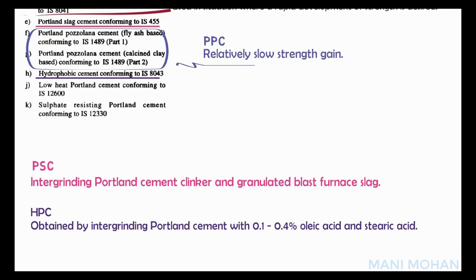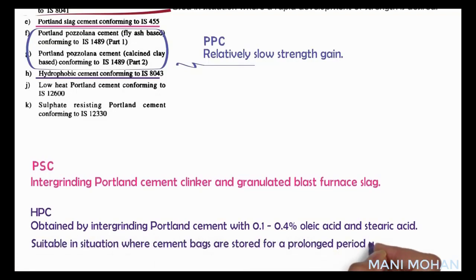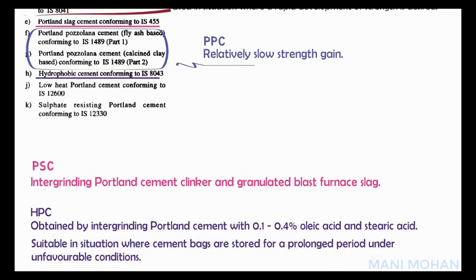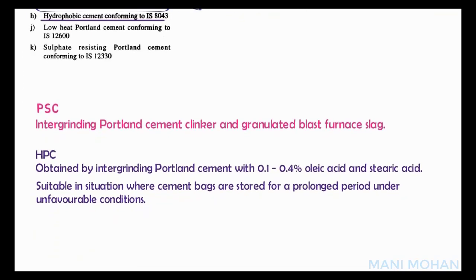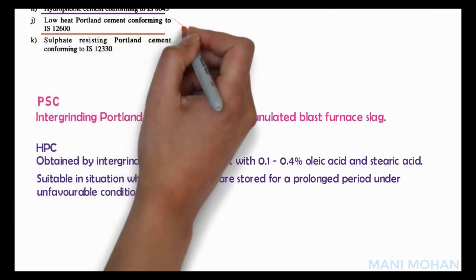During the mixing of concrete, this film is broken, thereby making it possible for normal hydration to take place, although its early strength is low. This cement is suitable in situations where cement bags are stored for a prolonged period under unfavorable conditions because it deteriorates very little.